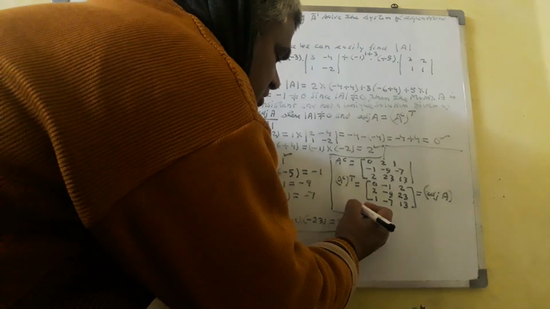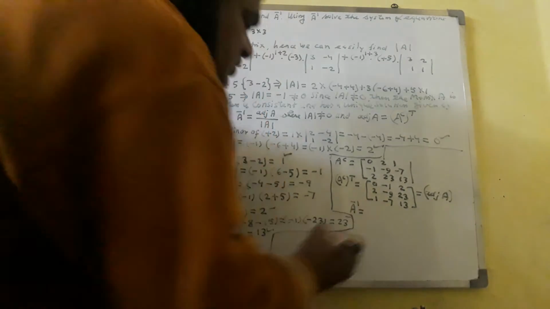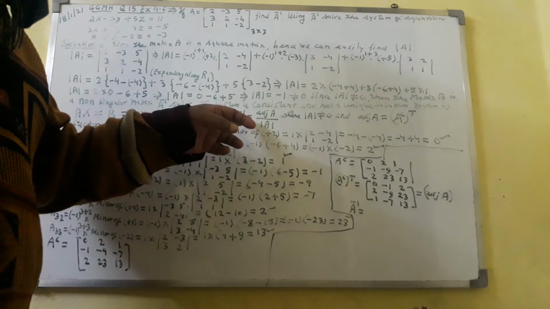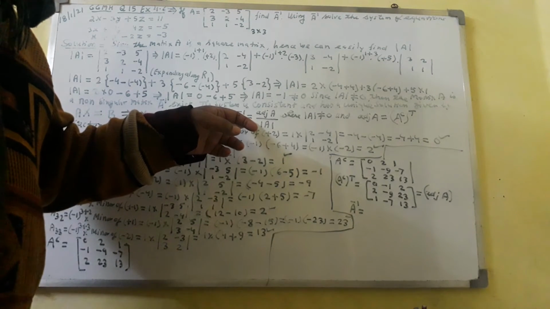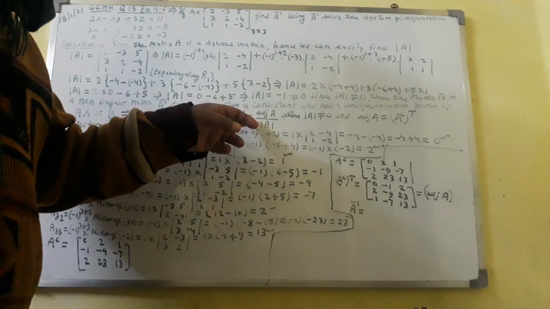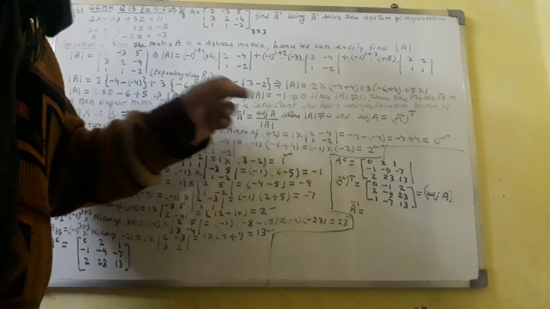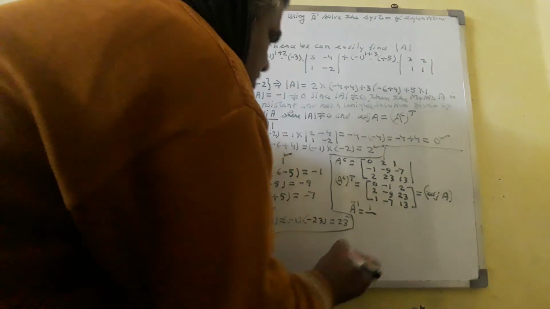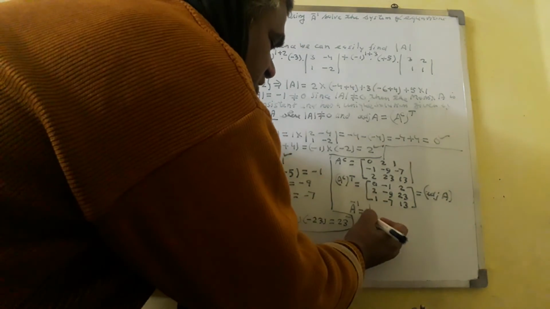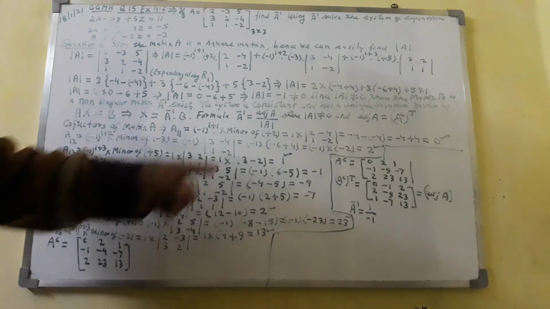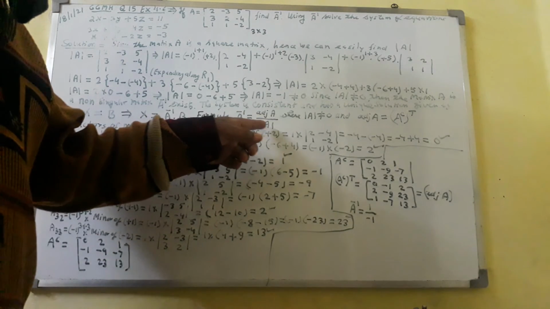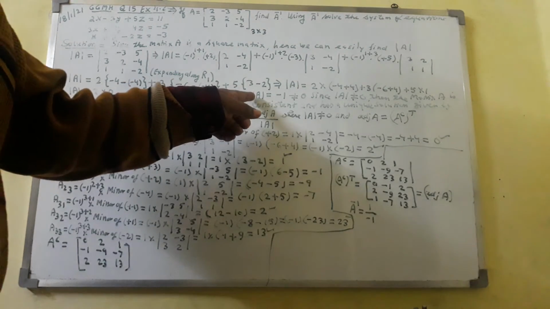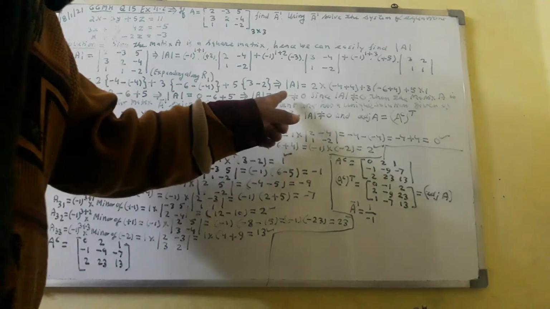A inverse equal to, here I have written the formula, A inverse equal to 1 over determinant of matrix A. So here I shall write 1 over determinant of matrix A, which comes out to be -1.